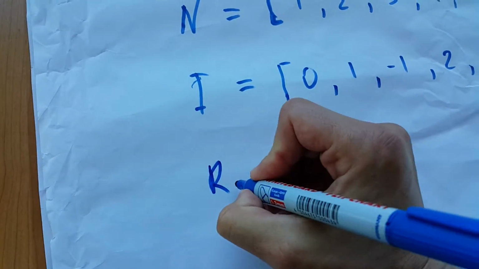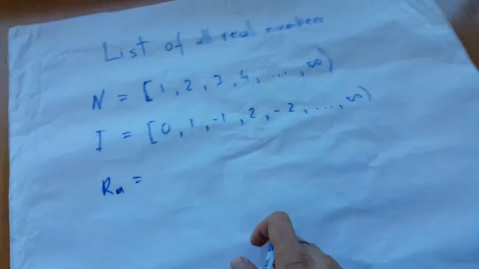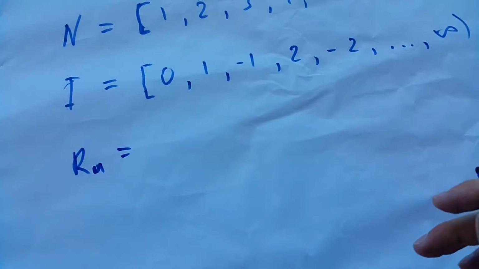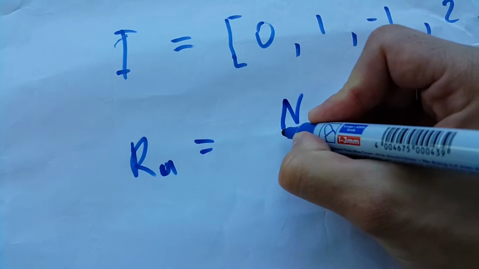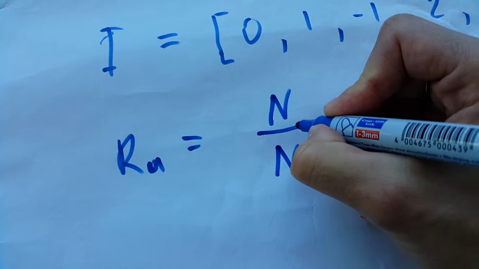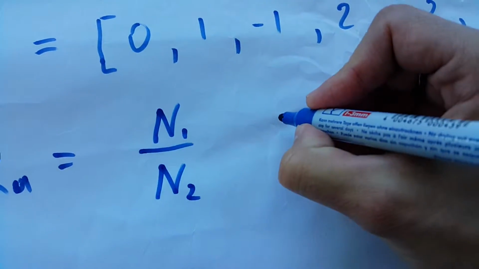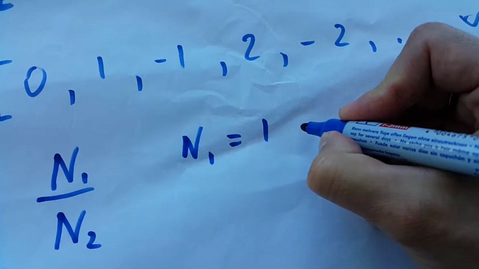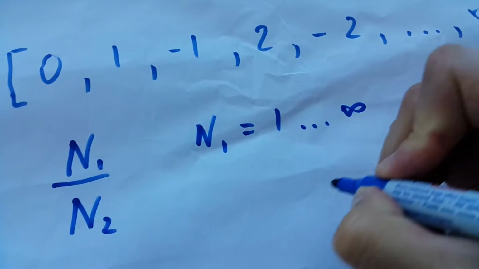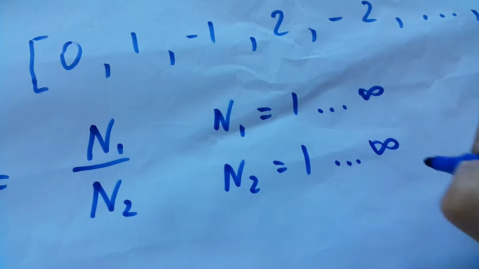Next with rational numbers. That's going to be pretty close to what Numberphile was doing. So rational numbers is something like one number divided by another number, n1 divided by n2, where n1 is from 1 to infinity, and n2 is from 1 to infinity.